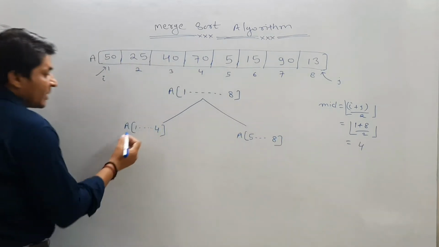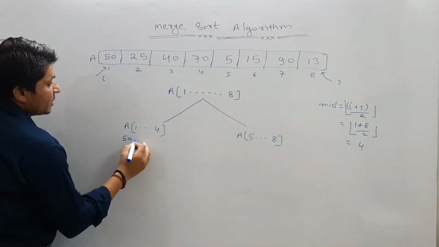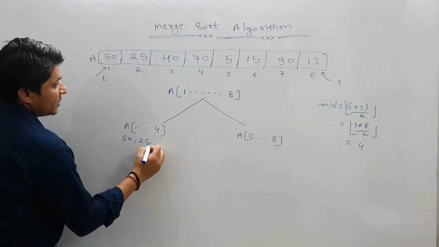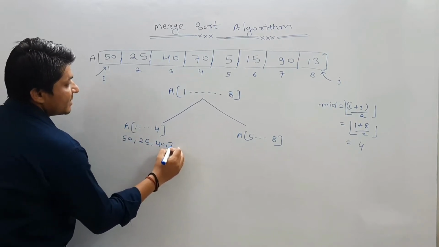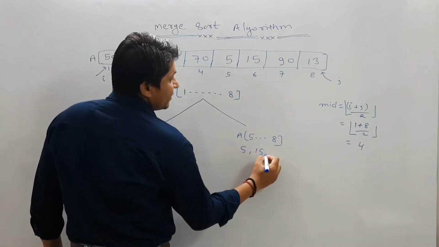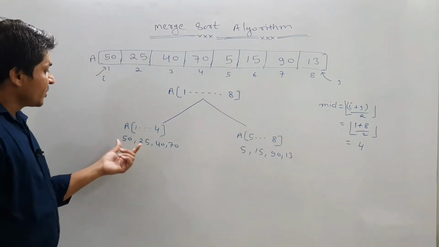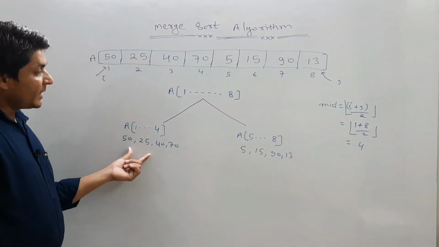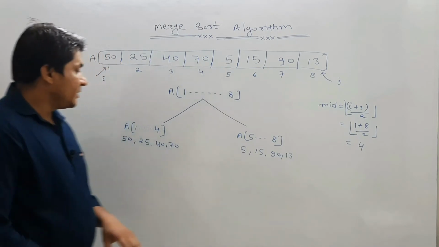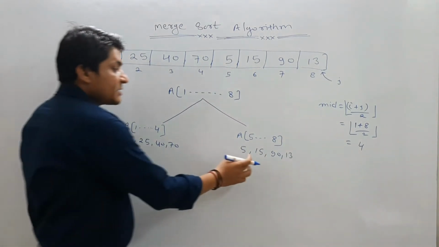If you see 1 to 4, the elements are 50, 25, 40, 70, and on this side 5, 15, 90 and 13. So this side we have one array and this side we have another array. This array is still an unsorted array and this array is still an unsorted array.